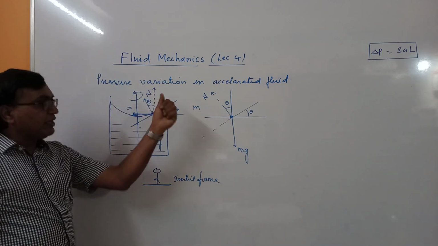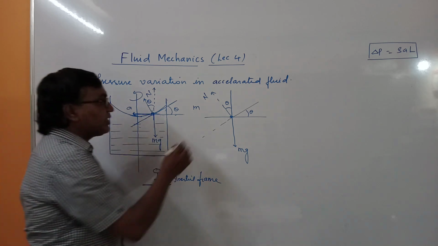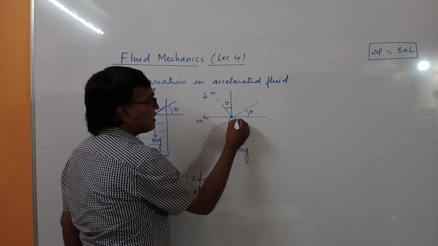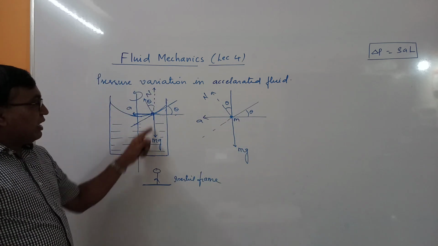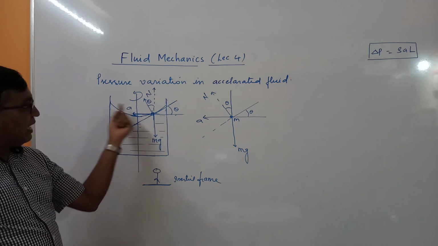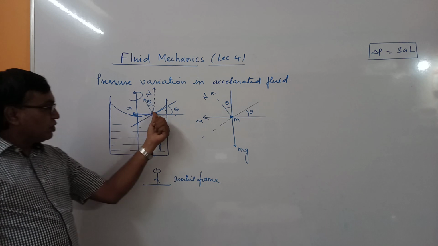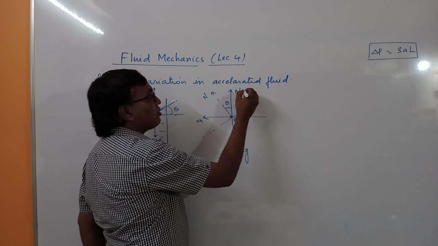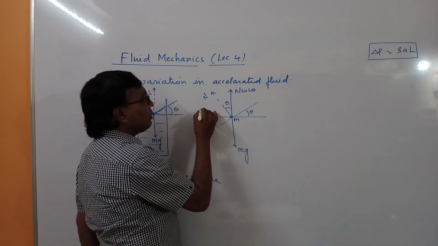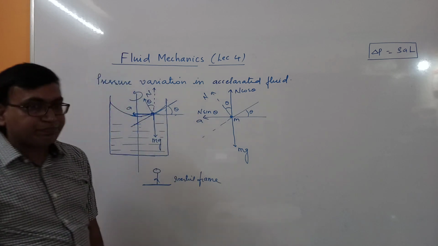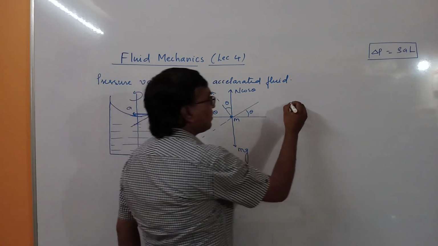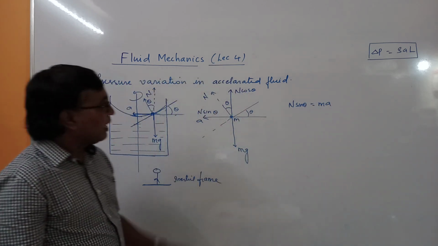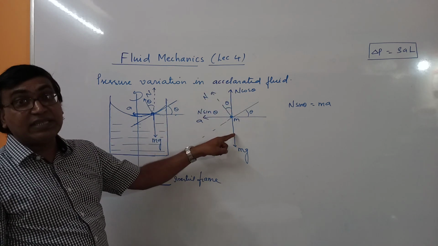Now this particle is rotating, so the acceleration will be along the x direction. The mass of the particle is m. Along the y direction the particle is at rest and it is rotating in this plane, so there will be a centripetal acceleration along this direction. If you resolve the forces, we have n cos theta in the upward direction and n sin theta along this direction. Now n sin theta is providing the centripetal force, so n sin theta is mass into acceleration, and n cos theta is equal to mg, since along this direction the particle is at rest.